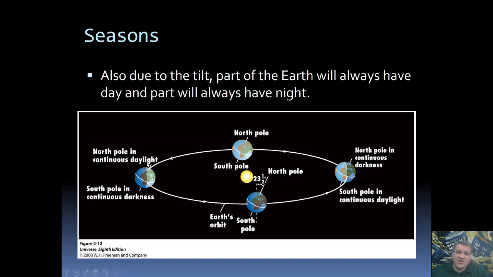Anyway, so we have the terminator, this line between night and day, between light and dark. If, as the person is standing on the Earth and the Earth is rotating, they're in a place that, as they rotate, has a large distance between the equator up to the terminator, then that person is going to spend a lot of time in daylight, so it's going to be a very long day.